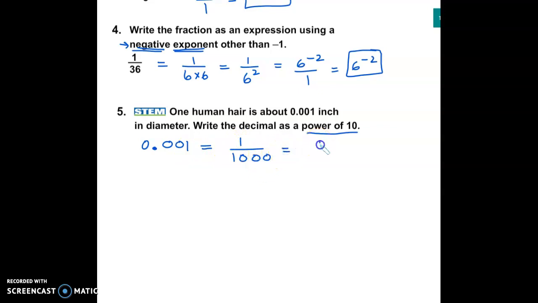And also 1000 I can write as 10 times 10 times 10, which is 1 over 10 to the third exponent. But this is a positive exponent, so we can leave it like this, or if they're asking for a negative exponent, they're going to write it as 10 to the negative third exponent.